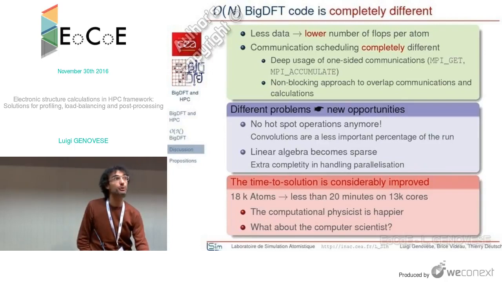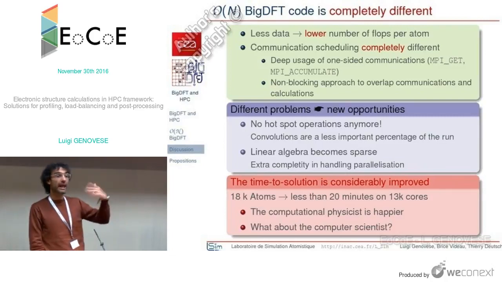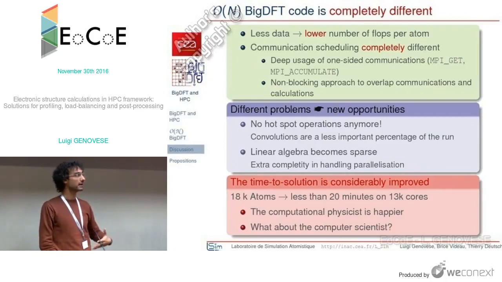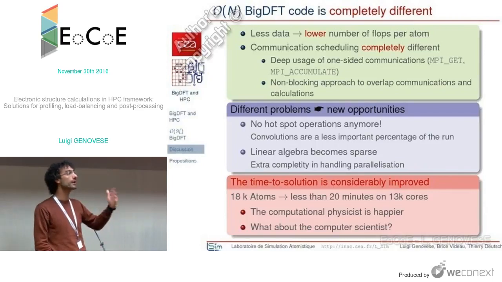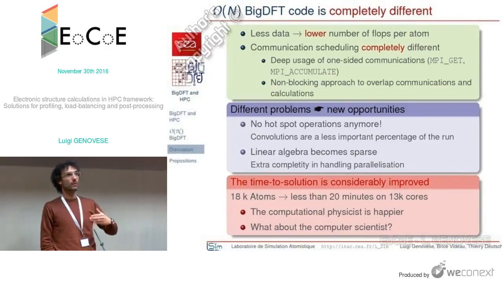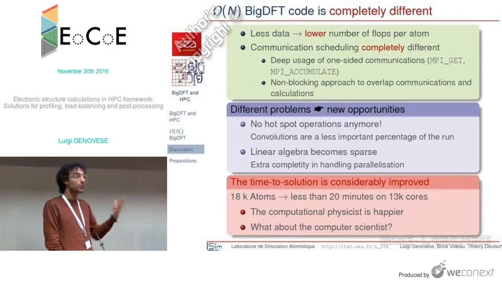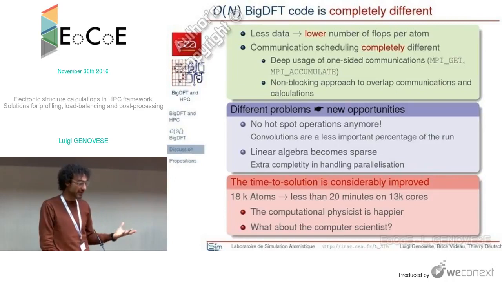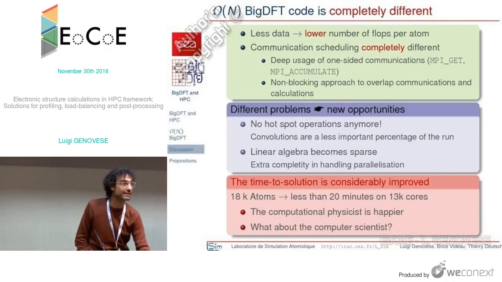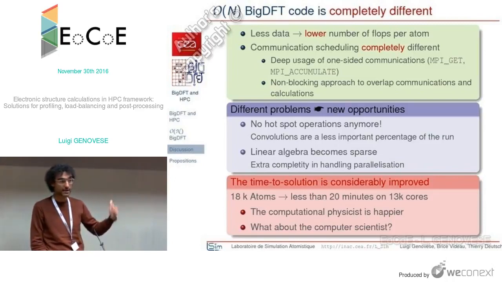You have a different communication scheduling. You don't have any hotspot operation anymore, so there are extra complexities arising in the context of a newly conceived algorithm. Well, one might say that these extra complexities are indeed extra opportunities which arise in the context of HPC, because, as I said, as the wall time is lower, new science is possible.